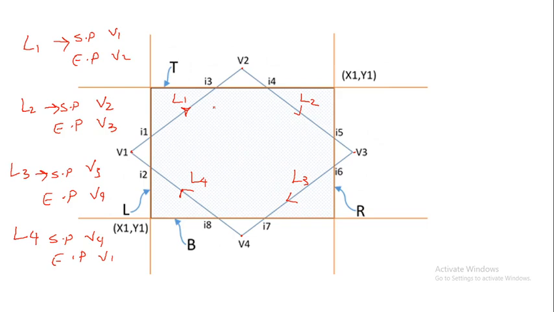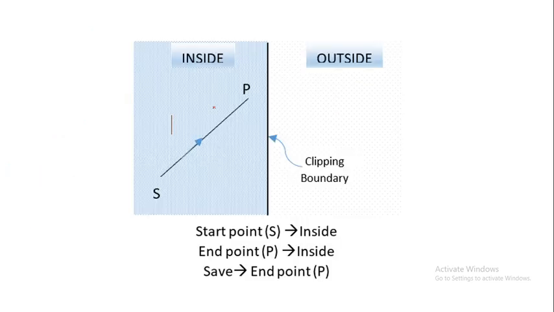So we will see here, suppose we have one boundary. It has two regions, inside region and outside region. So this is the inside region of the boundary, the left side of the line is considered the inside region. The other side is the outside region.